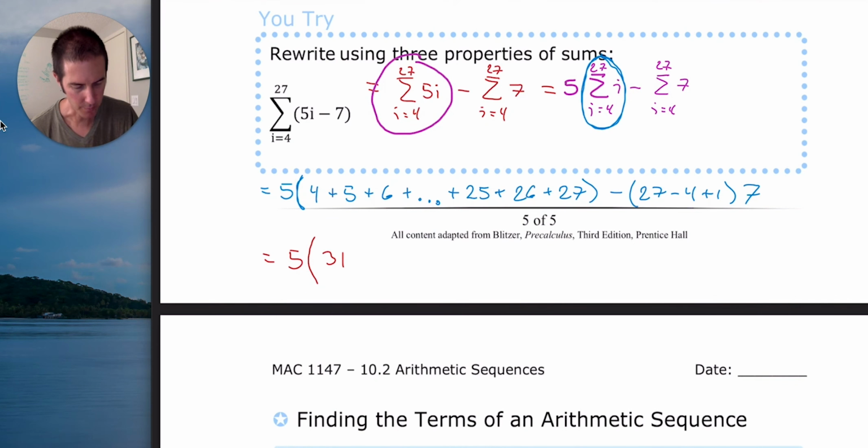And if you want to sneak a little note in there, that's the 4 plus the 27. That's the pair value times the number of pairs, which is the total number of terms divided by 2. That's the number of pairs.